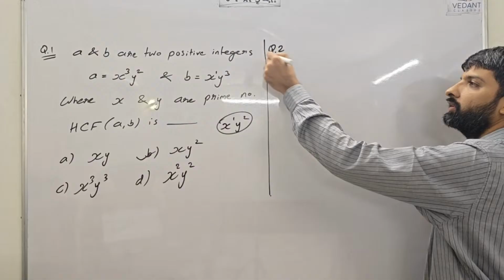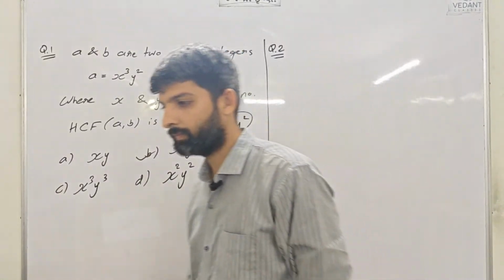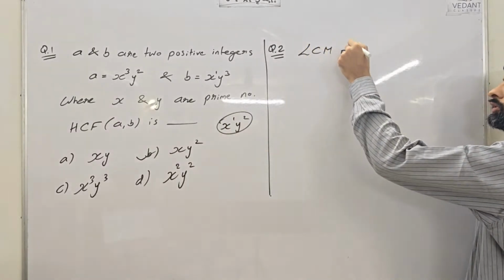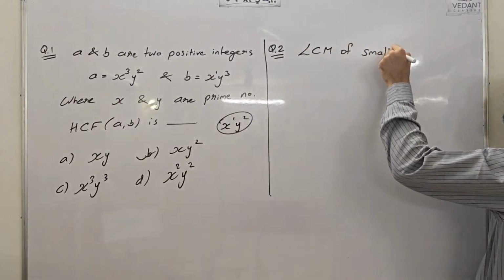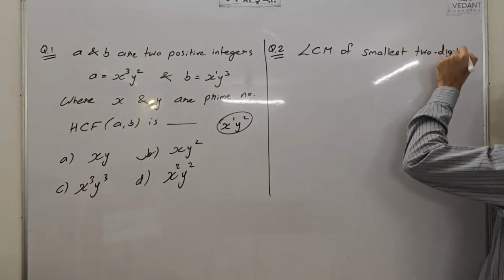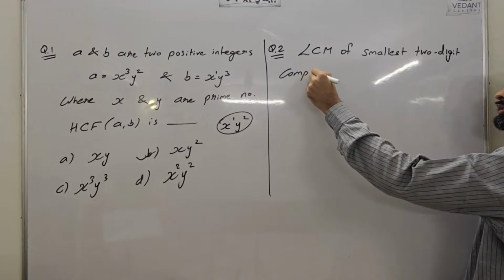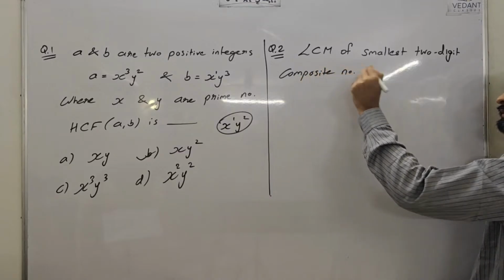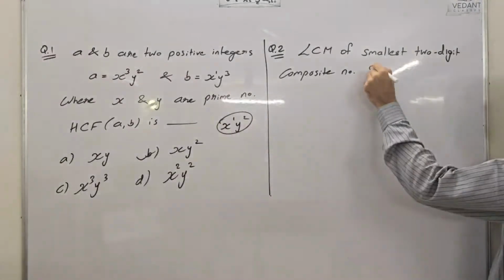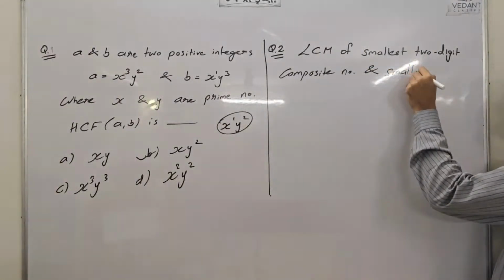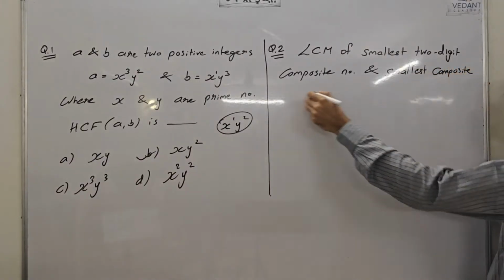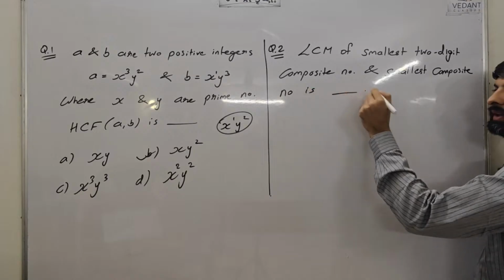Let's see question number 2. The LCM of the smallest two-digit composite number and the smallest composite number is blank.